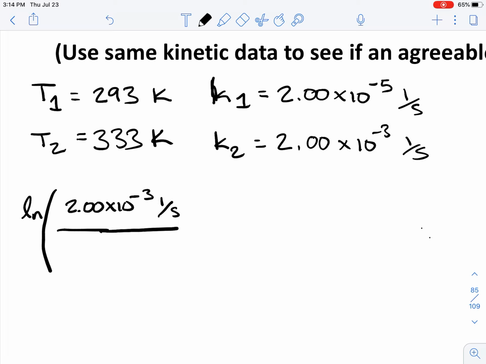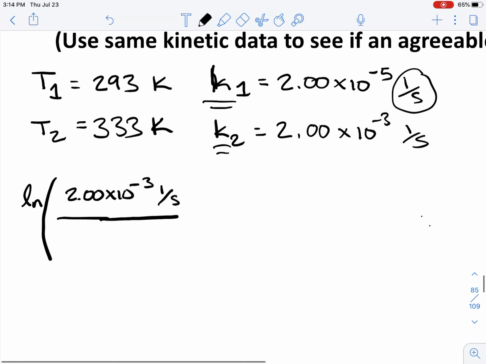And so notice that I do have a unit for the rate constant because I'm using the raw rate constant value. And so K1 is going to be 2.00 times 10 to the negative 5, 1 per second.